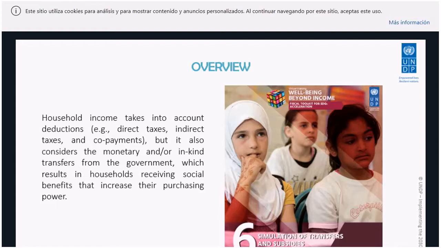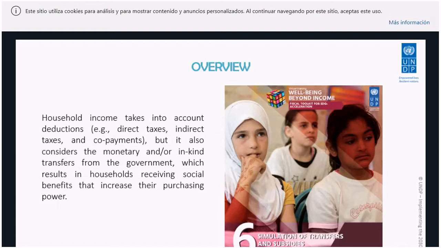Let me put an example. For instance, in Guatemala, conditional cash transfers, so that means cash that people in poverty receive from the government, conditional or unconditional, could imply an increase of their disposable income by about 30%.